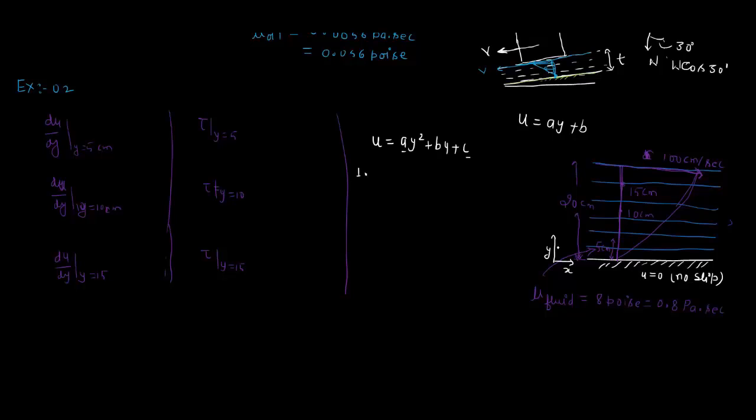So at y equals to 0, u is also 0. Putting y equals to 0 here, the whole term is 0, u is also 0, so I can write c is equal to 0. Alright, this is our first boundary condition.